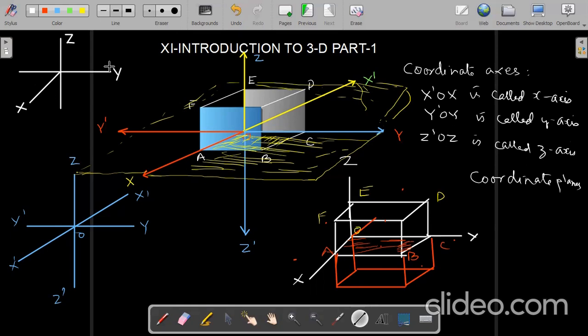You can see now, here is the XY plane. This will be the whole XY plane. So X, O, Y is called the XY plane.